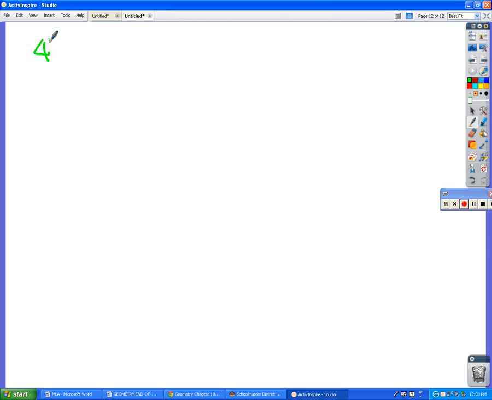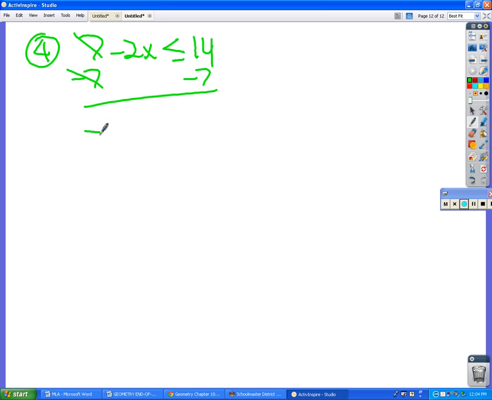All right, number 4. First step. Subtract 7 from both sides. So those cancel, so negative 2x is less than or equal to 7. Then divide by negative 2, so same as before.